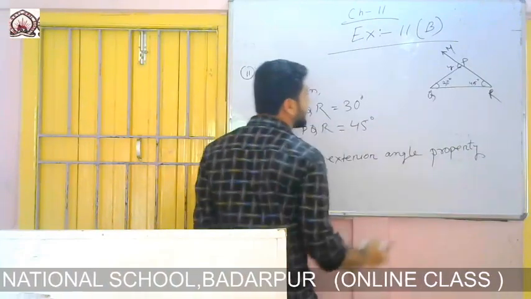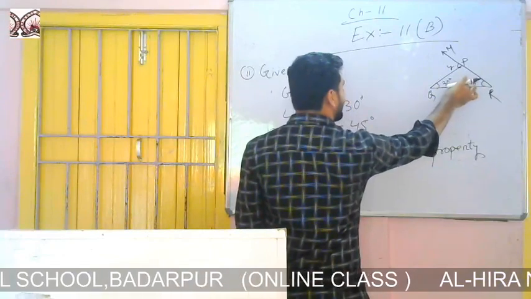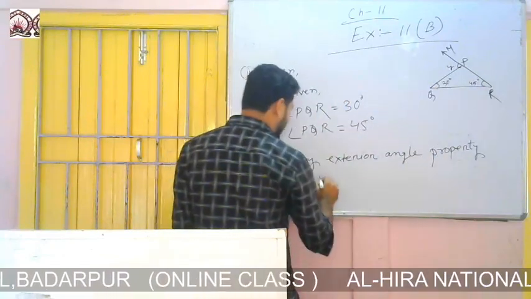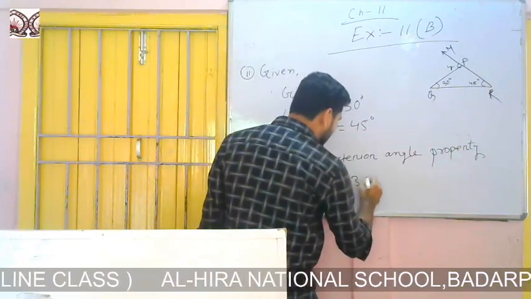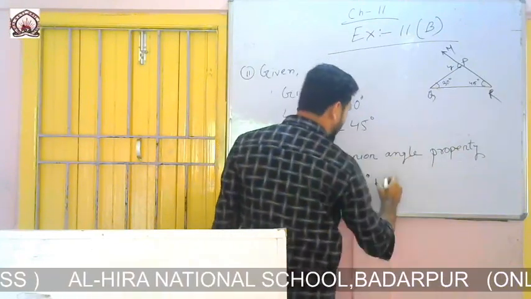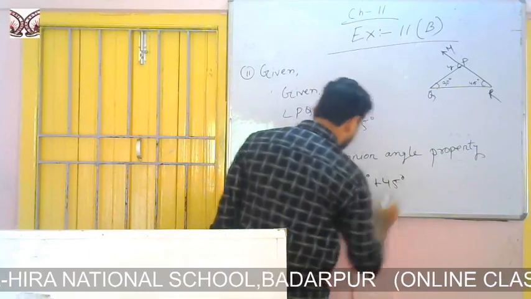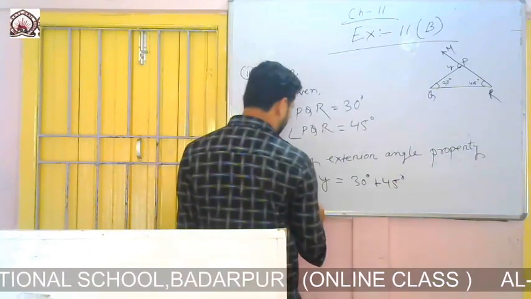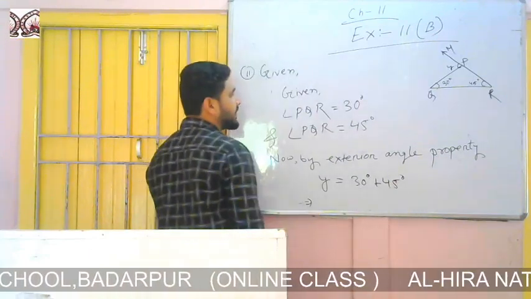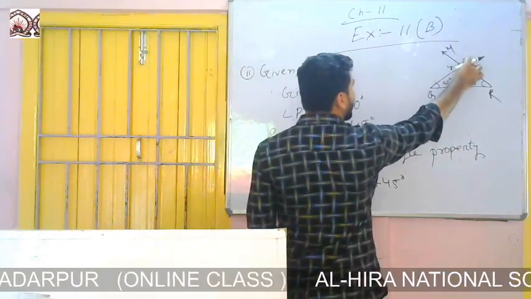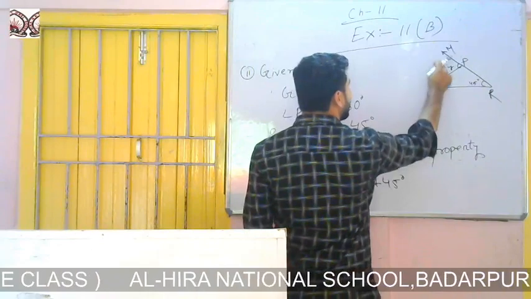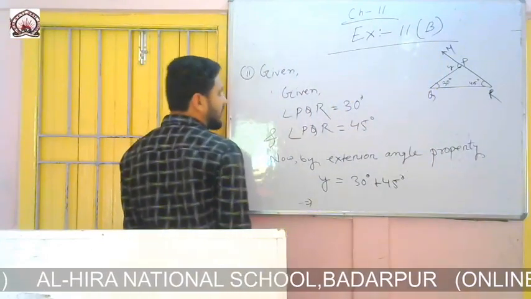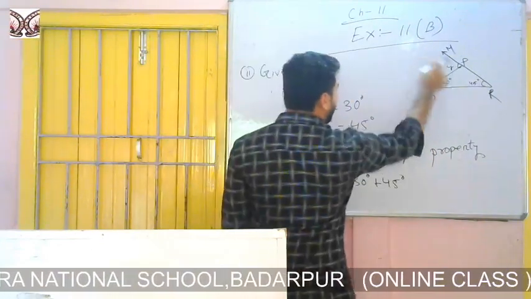Angle Y equals the summation of two interior opposite angles. That means the exterior angle equals the sum of the two interior opposite angles. Okay, directly I can write this one, because MPQ or QPM, we can write angle Y.